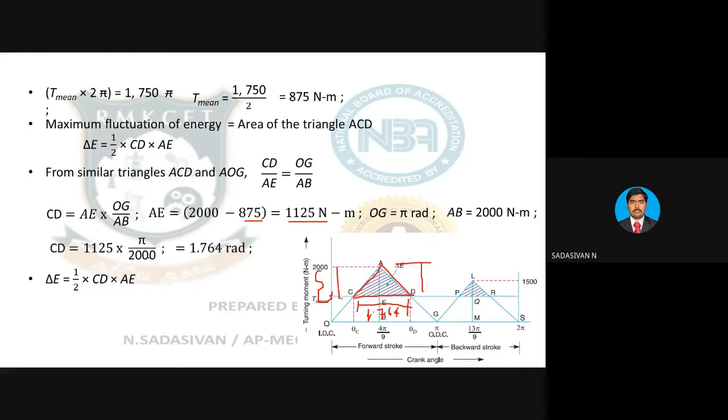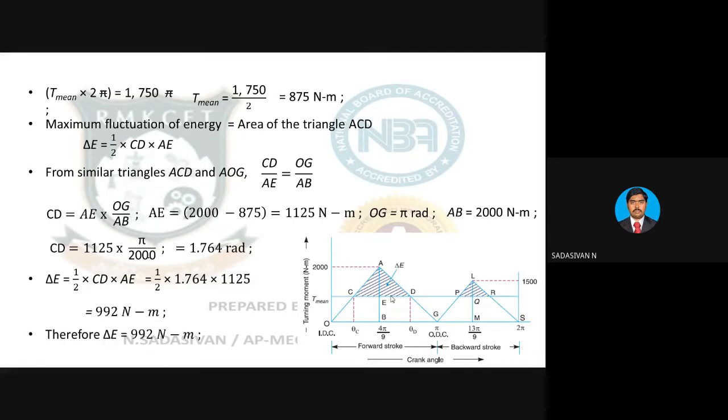This height is your mean torque subtracted from the peak of 2000. So you calculate the area: half into 1.764 into 1125. That comes around 992 Newton meter. So this is the maximum fluctuation of energy. Okay. Maximum fluctuation of energy is 992 Newton meter.